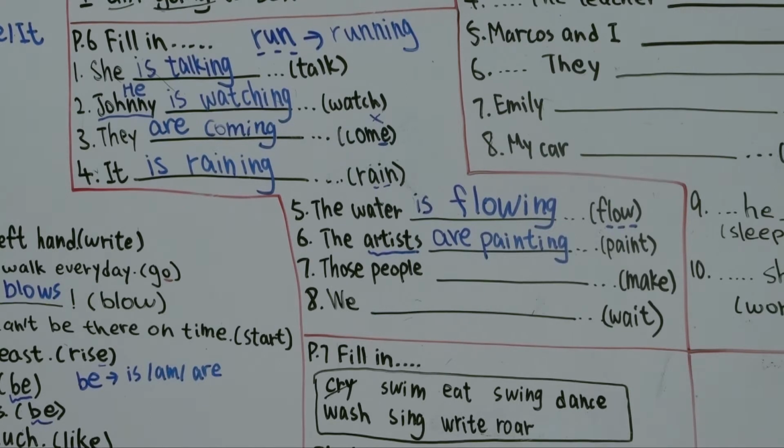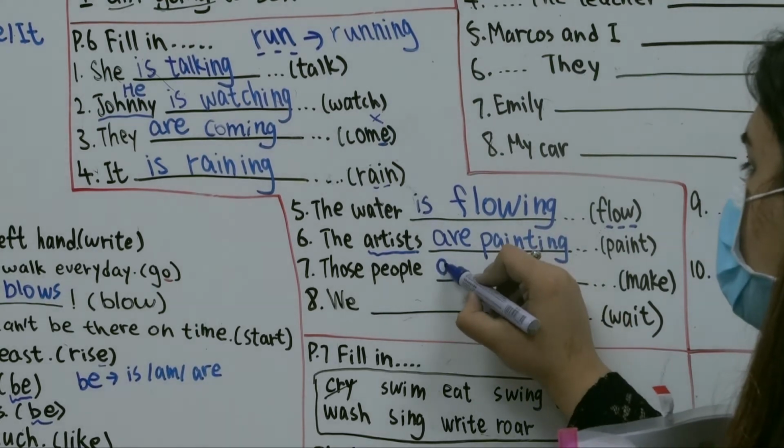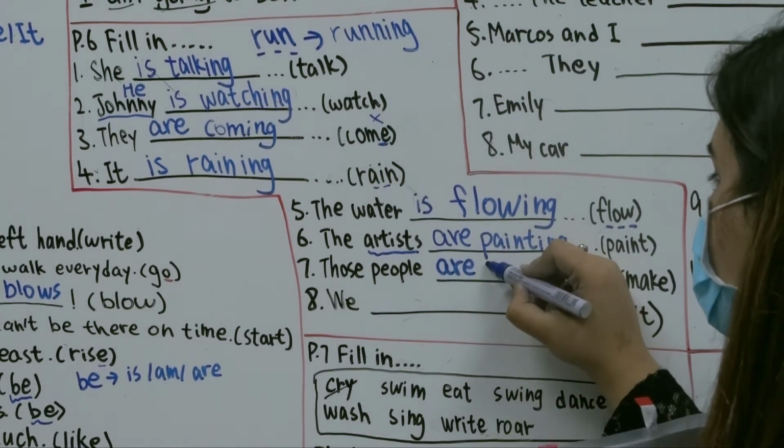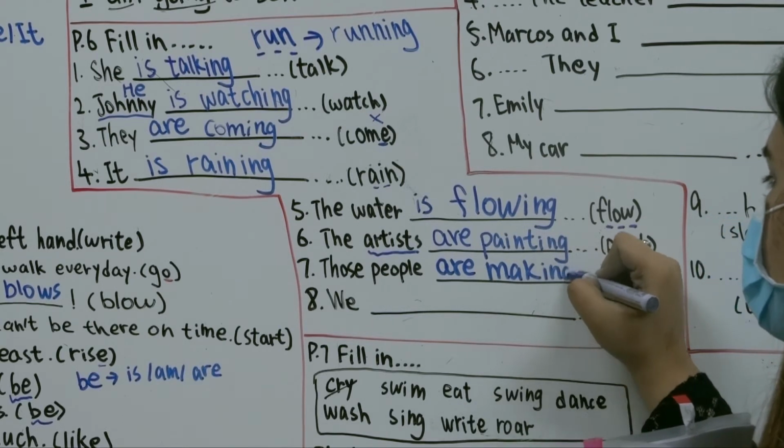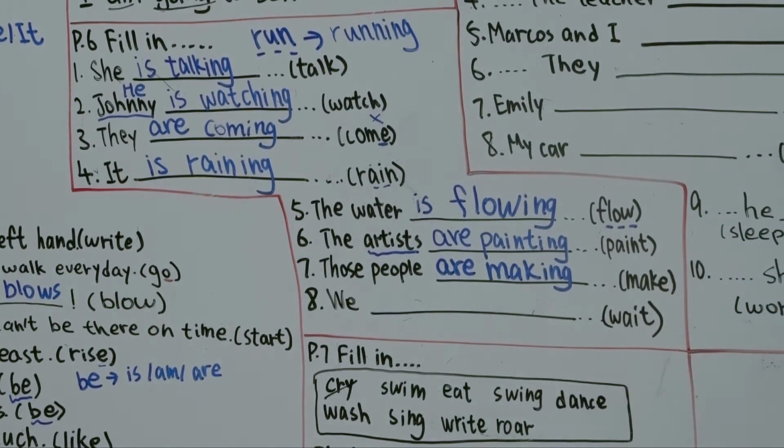Keep going. Those people space a lot of noise. People are one or more than one? More than one. Good. So that's why we use are. Making. Cross out the E and add ing, as I said. When a word ends with E, we cross out the E and add ing in present continuous tense.